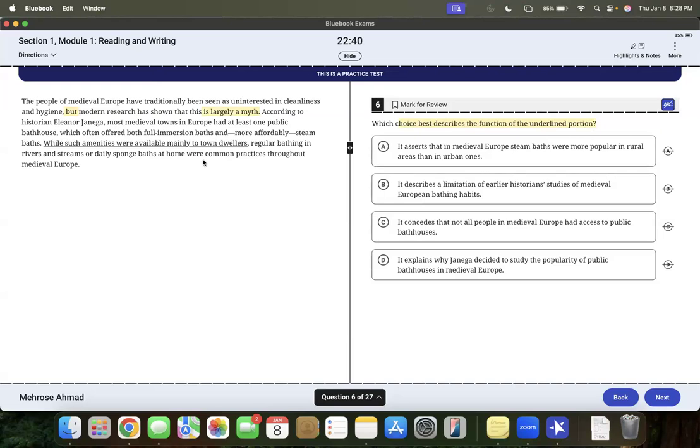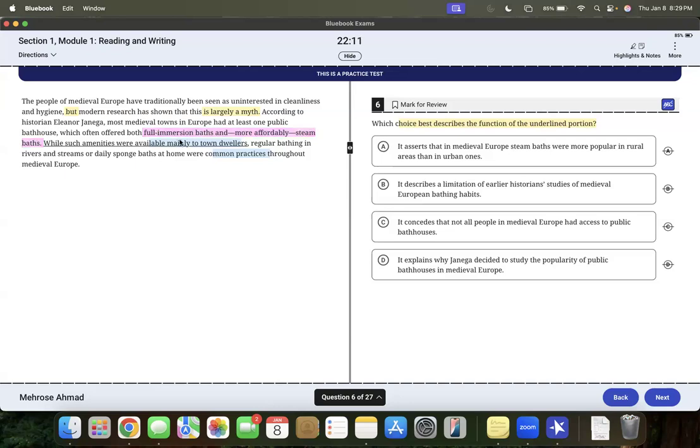According to historian Eleanor, most medieval towns in Europe had at least one public bathhouse which offered full immersion baths and steam baths. While such amenities were available mainly to town dwellers, regular bathing in rivers, streams, or daily sponge baths were common practices. So why did I highlight the things that I highlighted and why did I use different colors? Honestly, I use different colors just because.